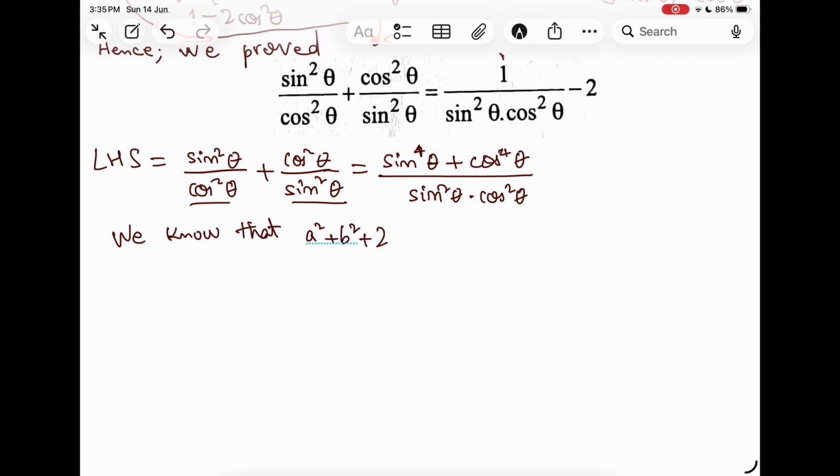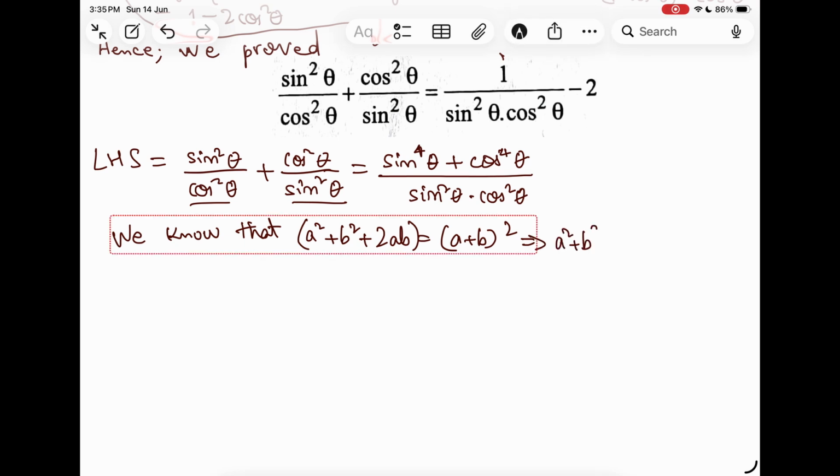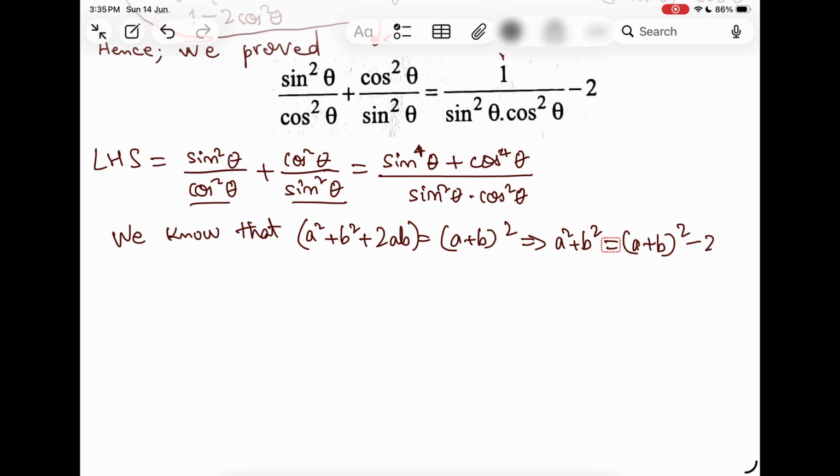The algebraic expression that we are all aware about, plus 2ab is equal to a plus b whole square. Now why did I write this side, whereas regularly we write a plus b whole square equals a square plus b square plus 2ab? We wrote it because here we have sine to the power 4 theta plus cos to the power 4 theta, which we are about to treat as a square plus b square, right?